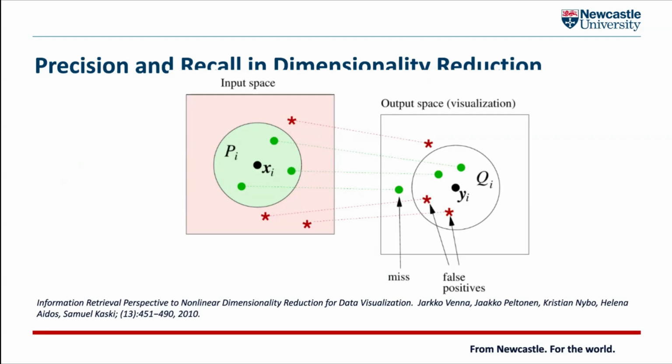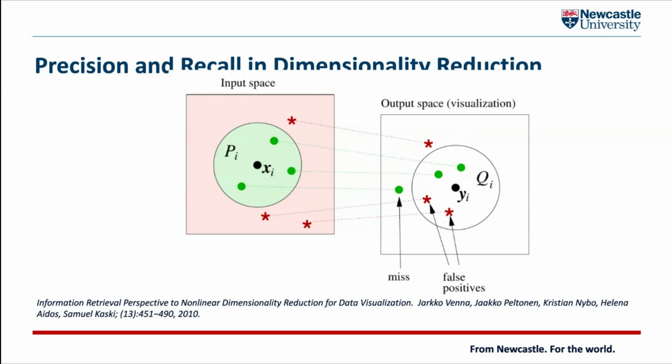We have a set of points that are true neighbors, and a set of points outside of those that are not neighbors in the high dimensional space. Then by some method, which I'm not going to provide details on just yet, we now have a 2-dimensional version.